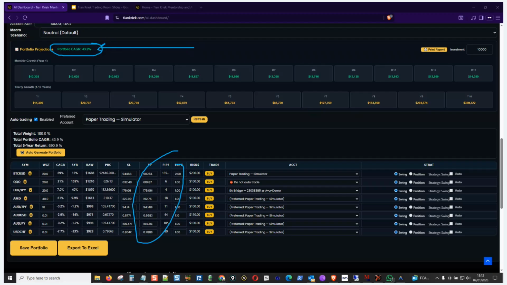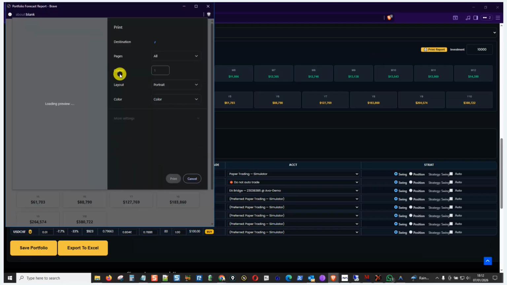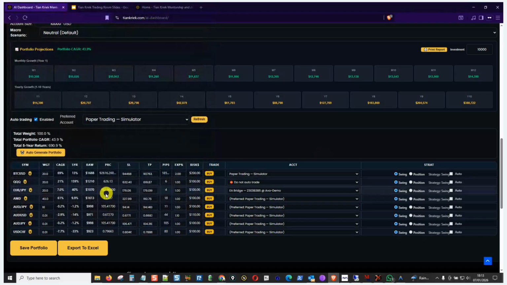It's 43%. I can go and print this if I want. So you can click on print the report, and you can either save it as a PDF, or you can print it as a report. This is your portfolio forecast. Okay. Now, obviously, this will change as you add and remove assets or symbols to your portfolio.